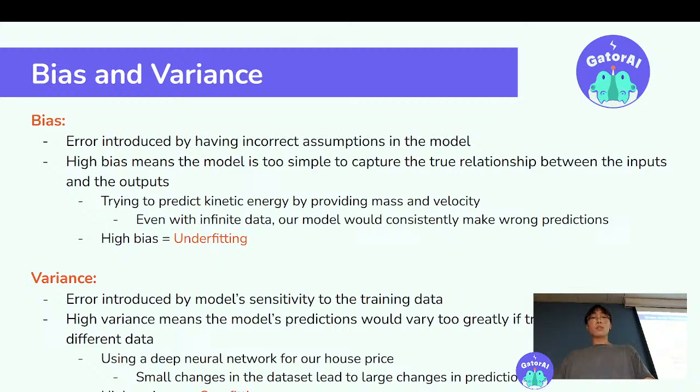Your data will never be perfect. And if your model is too sensitive, if it's always trying to look for the best pattern, then it might actually end up being a bad model. So we say that high variance equals overfitting, that the model is looking for patterns that don't exist in the data because it's too flexible.